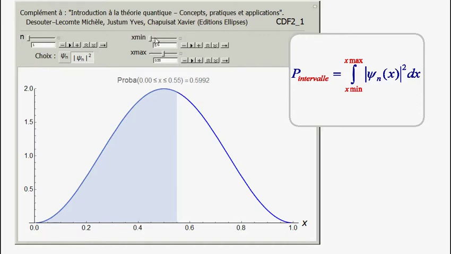And now the probability of localizing the particle in this interval is much higher. This result is very different from the prediction of classical mechanics, which should give the same probability regardless of the position of this interval.